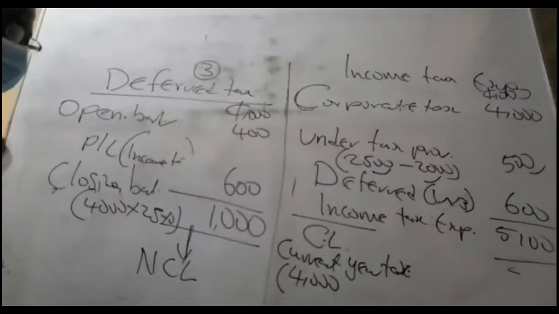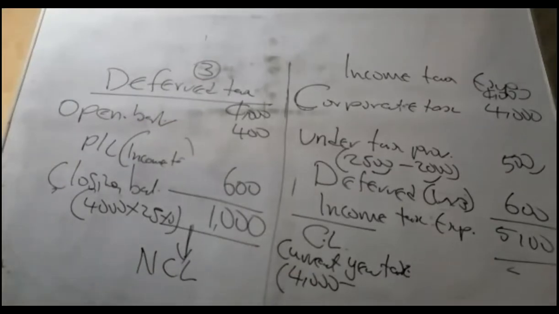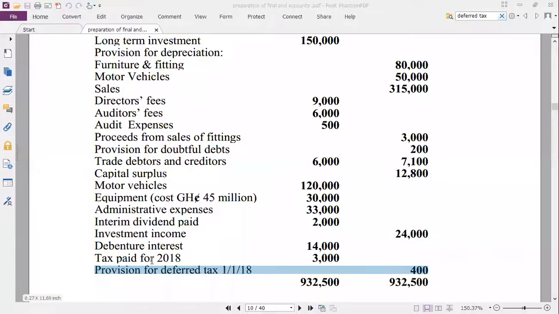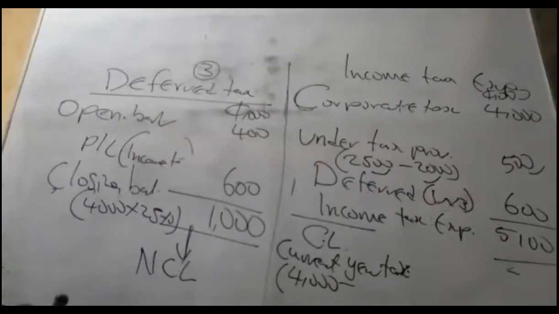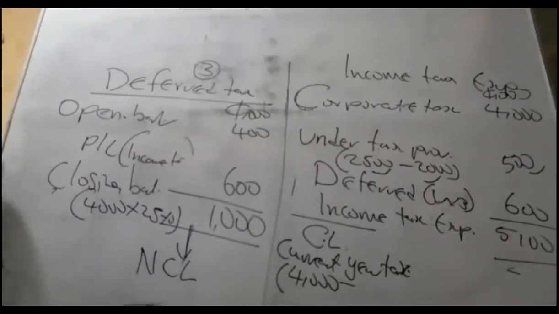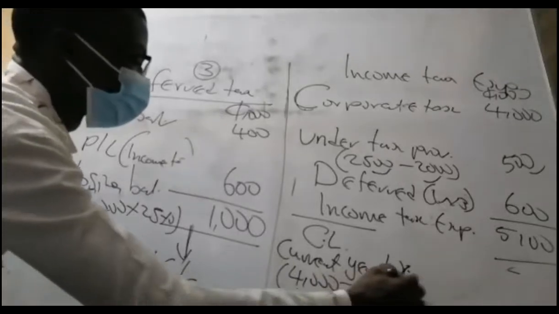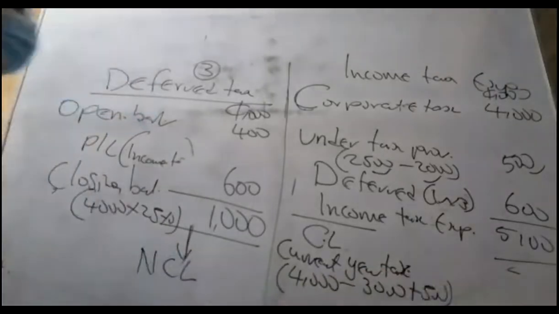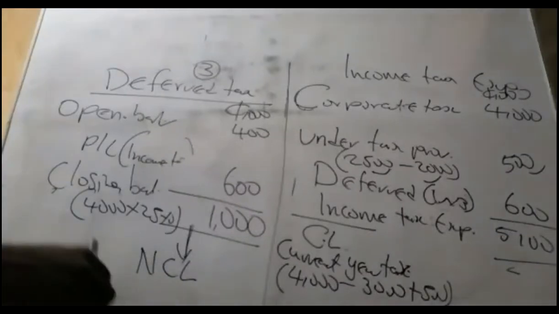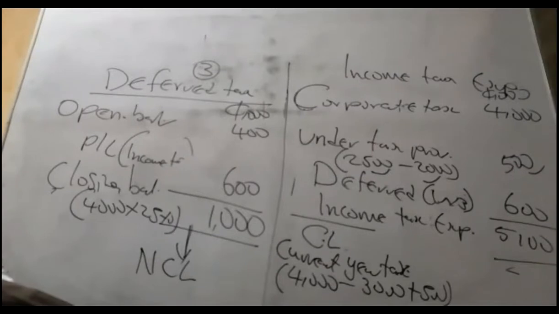They paid what? On the trial balance, they paid some tax there. So you less any tax paid during the year. They paid 3,000, and then the under or over tax provision too, they've not paid that one too. So less 3,000 plus 500. Then you put the answer there. So this is how it will look in the statement of financial position, the balance sheet. So that's all about taxation. We are done with IAS 12.